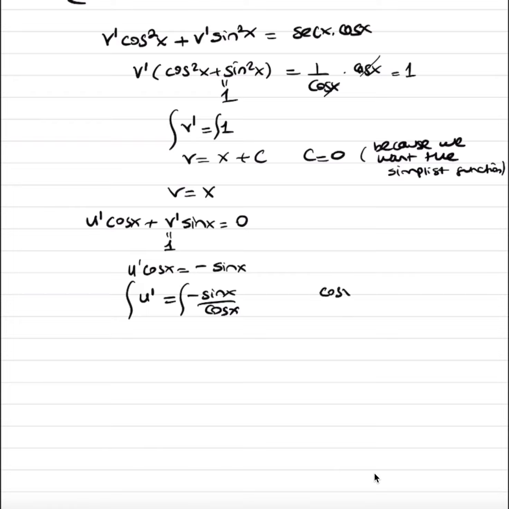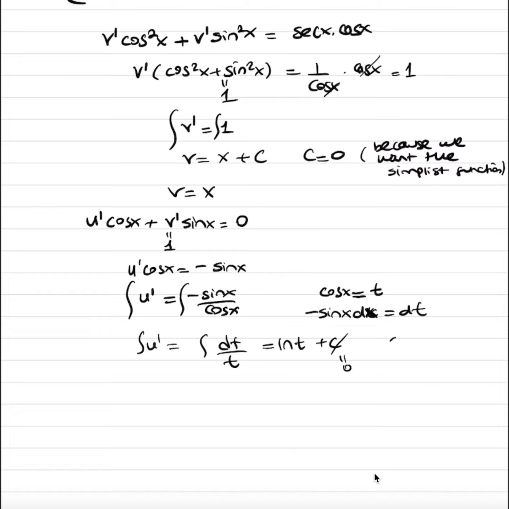Okay, if we let cosine x be, let's say, some function t, then we will use substitution. Sine x dx is equal to dt, so u prime is equal to dt over t, right? Which is equal to ln t plus c.